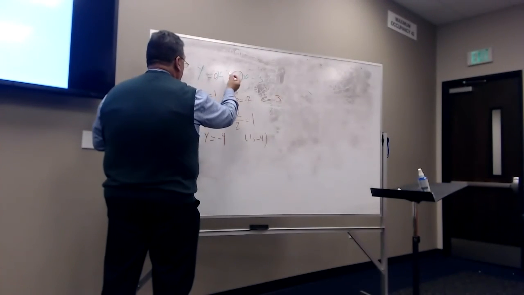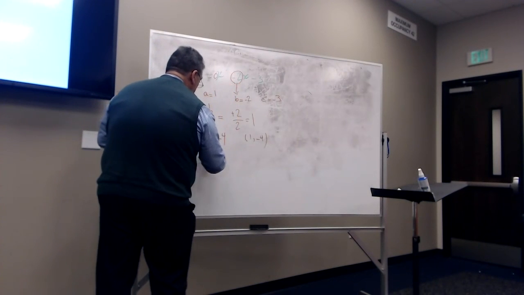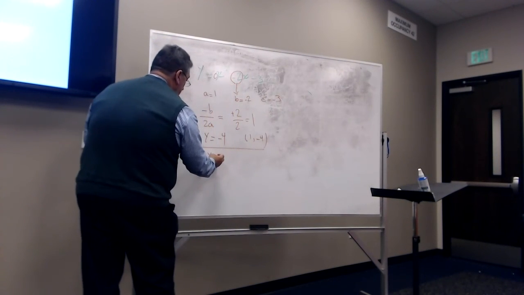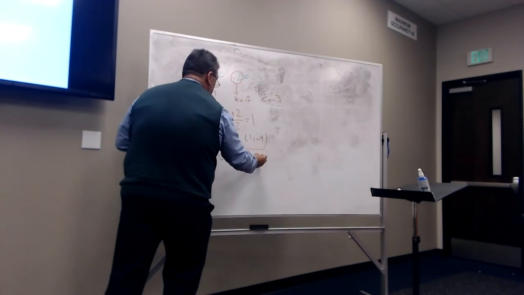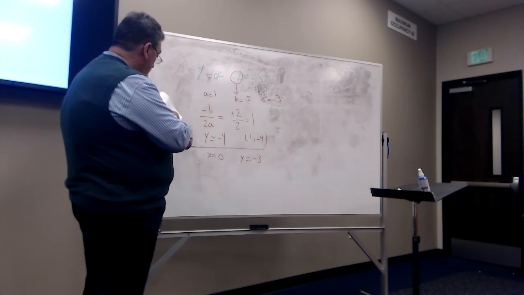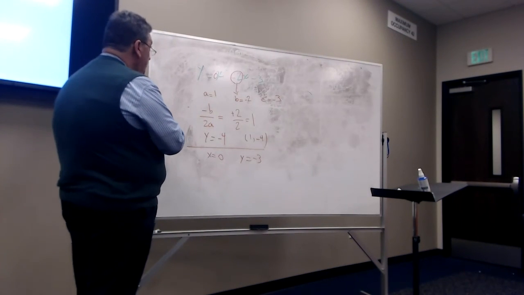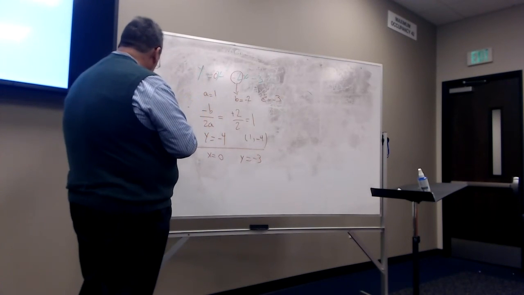Now, find the intercepts. The y-intercept, very simple, is where x is 0. If x is 0, y is -3. Now find the x-intercepts. If y is 0, here comes the tricky part.